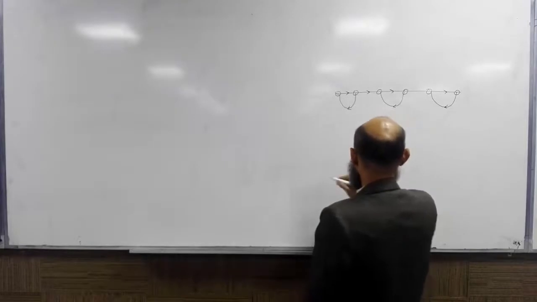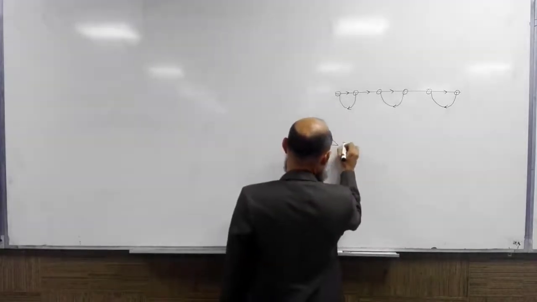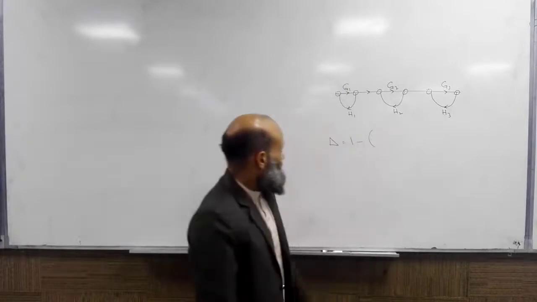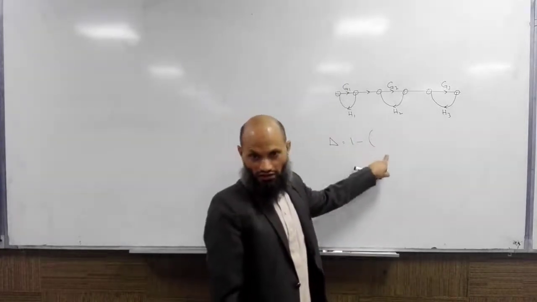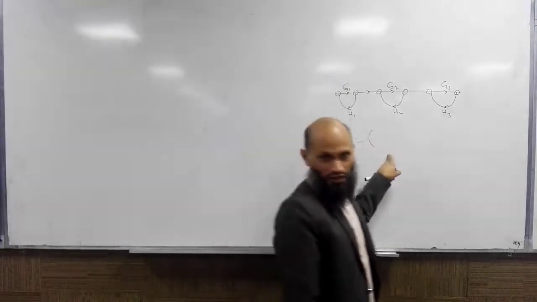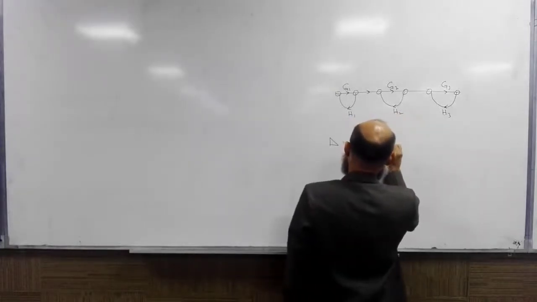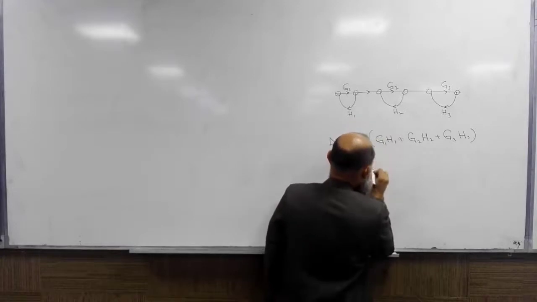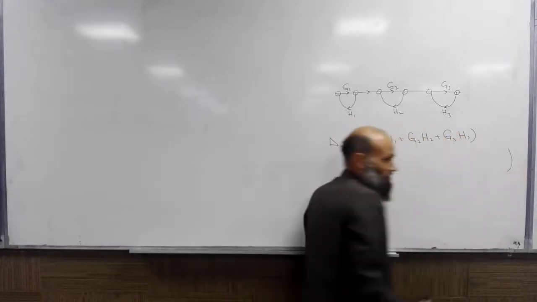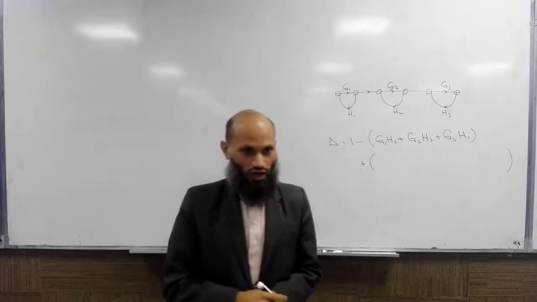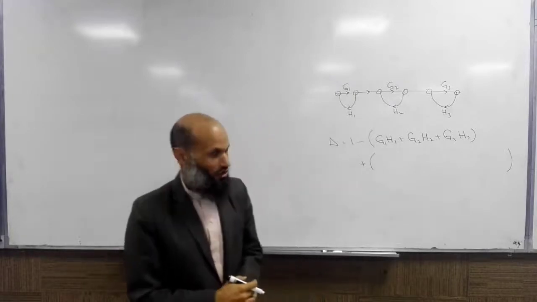That is, if you find delta for this graph, what will be delta for this graph? Delta, first term over here is the sum of loop gains for individual loops, plus sum of gain product of 2 non-touching loops, all combinations of 2 non-touching loops.